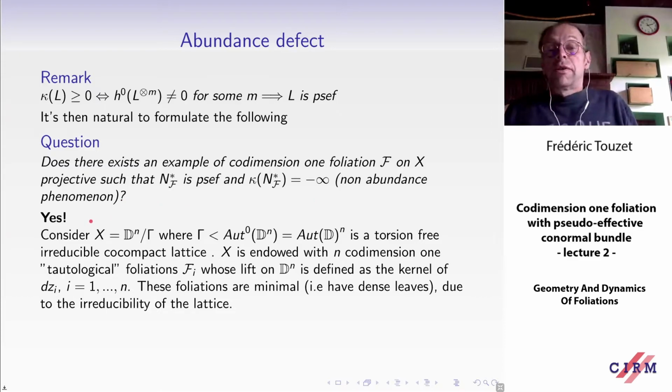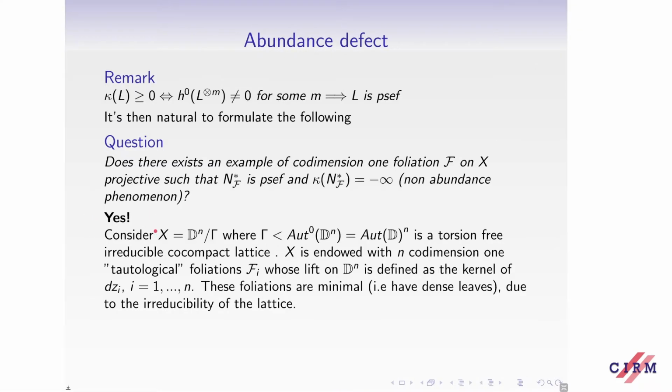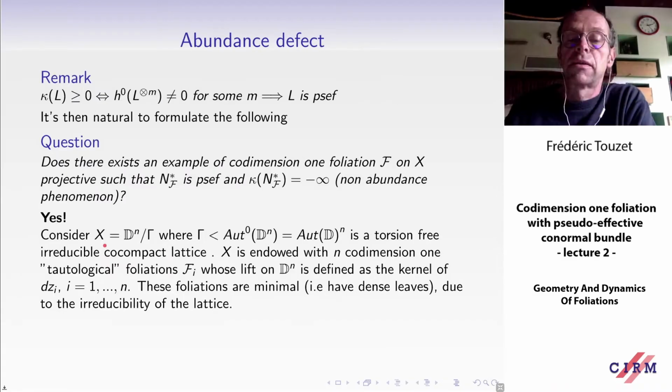And the answer is yes. These examples arise quite naturally and can be derived from the following example, which can be described as follows. Take X, the quotient of the n-dimensional polydisk by a torsion-free compact irreducible lattice.